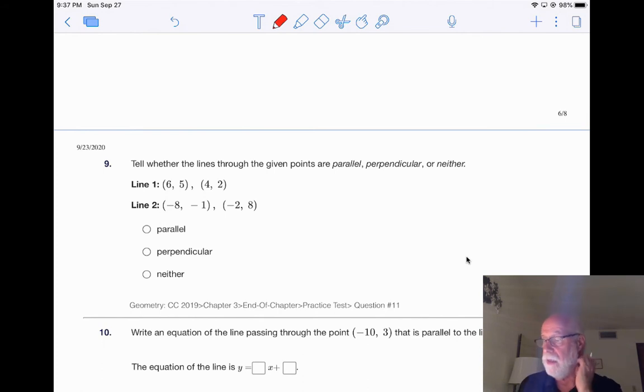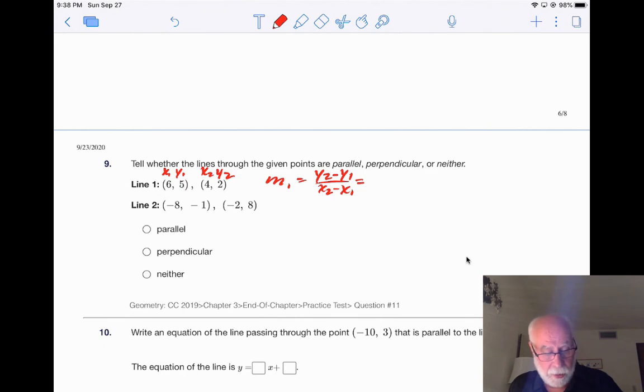If we don't have anything else, we would say they are neither. So again, let's call this x1, y1, x2, y2. Remember that the slope is equal to, I'll write it down for you on the first one, y2 minus y1 over x2 minus x1.